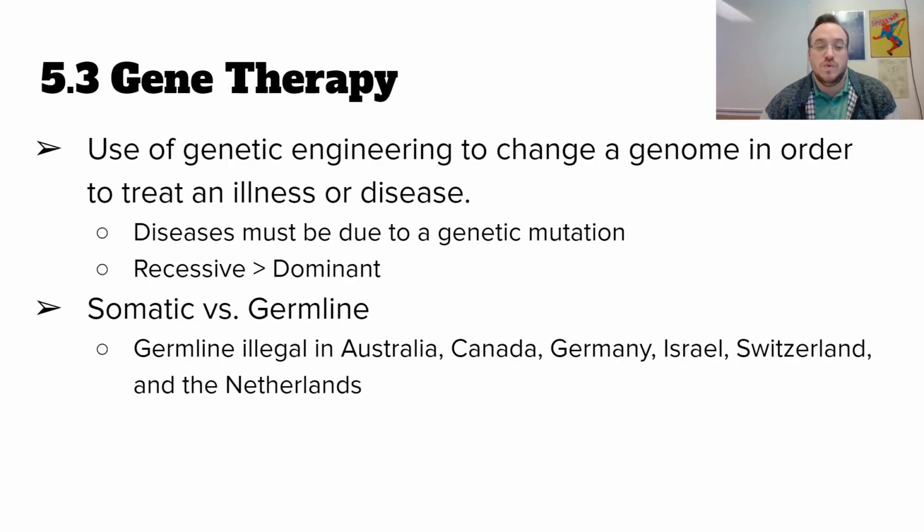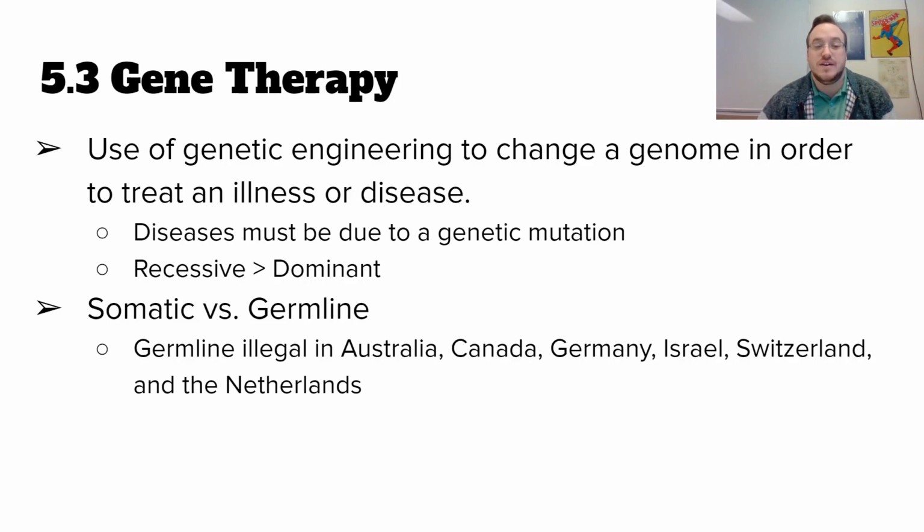Right? So why is it better for the illness to be recessive? That's because if it's recessive, the individual only has one allele for that illness. Remember, recessive means it's in a heterozygote or a homozygote recessive.